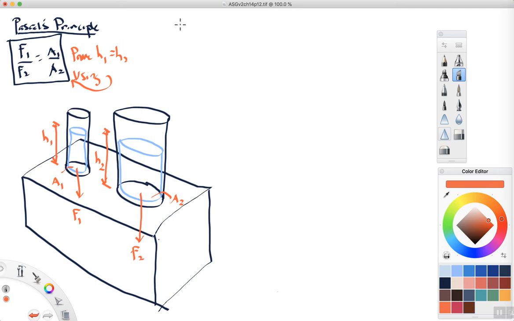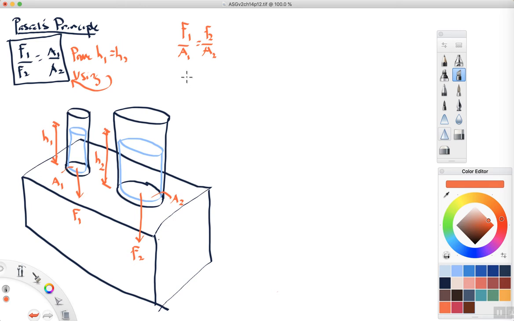Okay, so how do we do that? Well, let's start with Pascal's principle that F1 over A1 equals F2 over A2. In other words, this chamber acts like a machine for multiplying forces. So if you have this force over this area and this force over this area, they have this relationship. We've been spending the last couple of lectures explaining why that is.